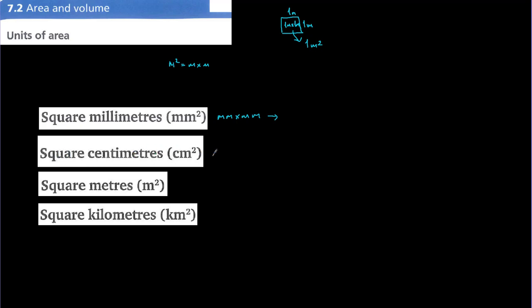Centimeter square is for small areas bigger than millimeter square, like paper sizes. Meter square is for garden or room sizes, and kilometer square is for very large areas, like the area of a city or a country.